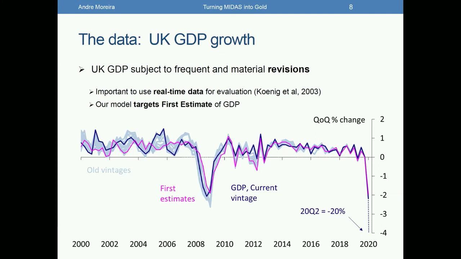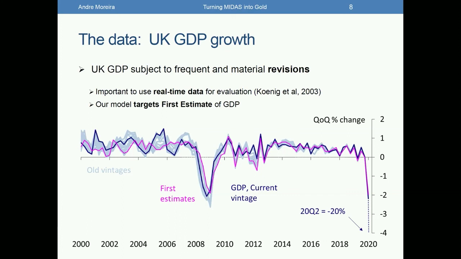Indeed, in some periods, the dark blue line looks quite different from the pink line, which were the first estimates that the ONS published at the time. That's perfectly normal, and it's just part of producing economic statistics. But it does have some implications for forecasting and for model evaluation in particular.